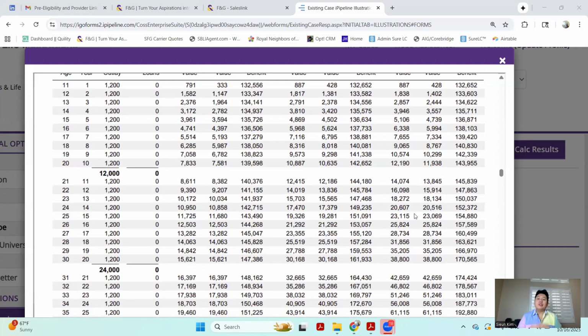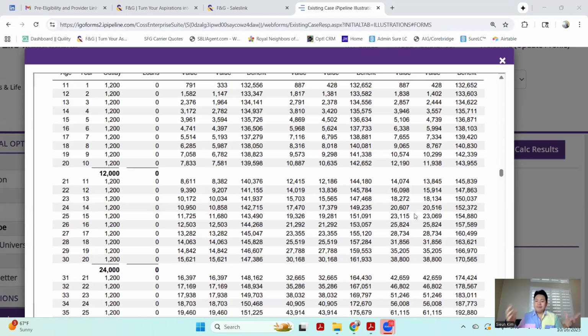The government puts a limit on how much money the client can put into a certain IUL policy based on how much the death benefit is. The higher the death benefit, the higher the ceiling and the more money the client can put in as a premium. If the client has a low death benefit, the ceiling is lower, so the client can only put in up to a certain, lesser amount of money.